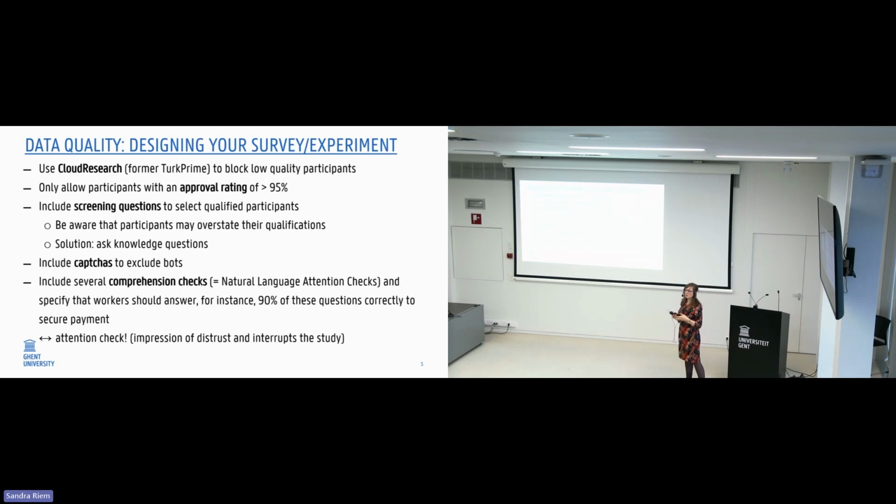And it interrupts the study if you're in a questionnaire and then suddenly, "now indicate this." So I'm not a big fan of attention checks, more of comprehension checks, because they are related to the study and participants do not feel this distrust. So it does not really interrupt the study.